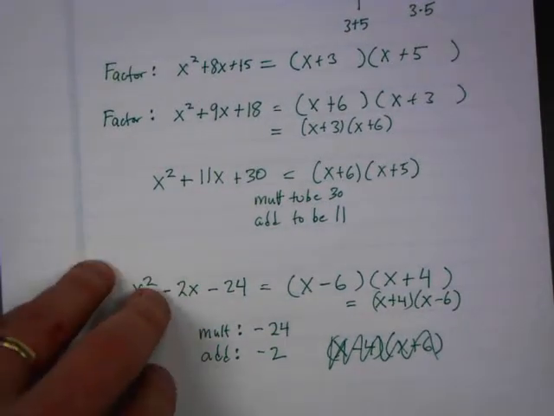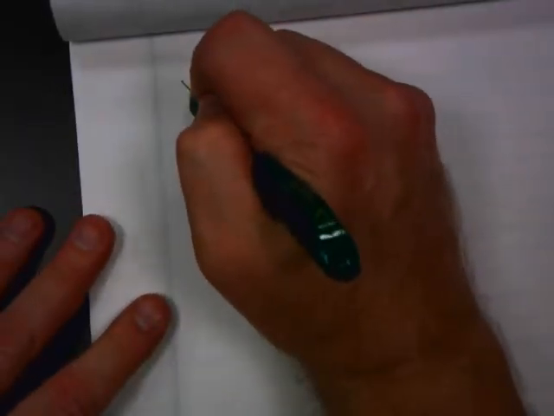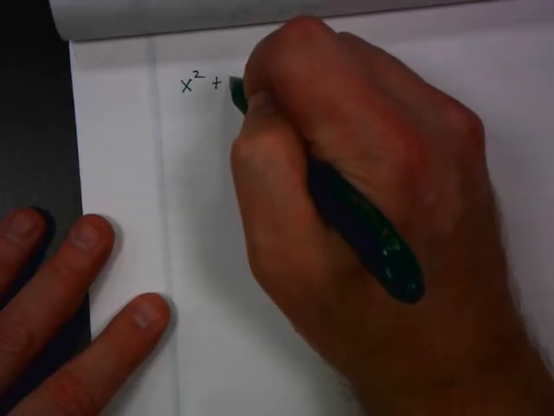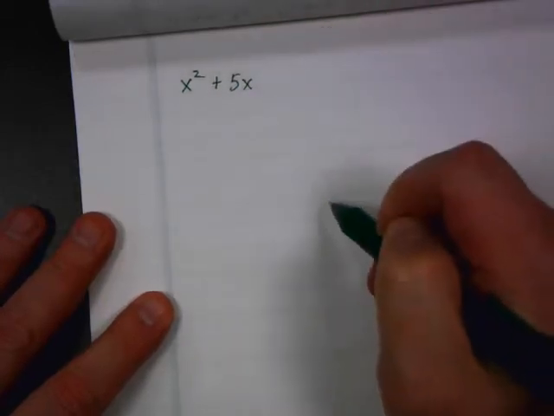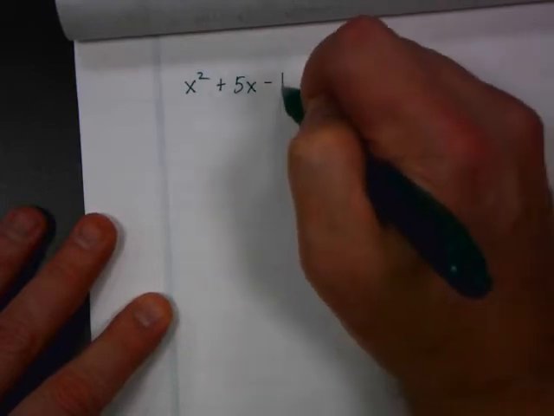All right, let's try another one. How about x squared plus 5x minus 14.